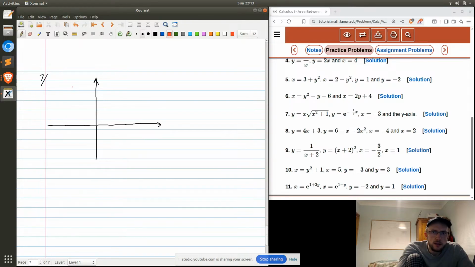E to the minus a half x. Like that. No clue what this looks like. Really, I don't.